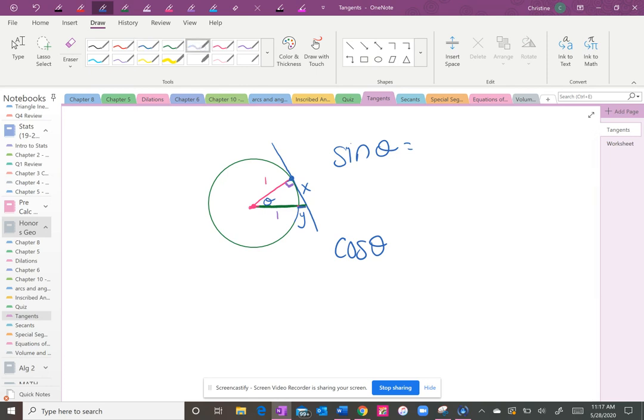So the sine of theta is going to be the opposite, which is x over the hypotenuse. Now the hypotenuse is 1 plus y. And the cosine is going to be equal to the adjacent, which is 1, over the hypotenuse, which is 1 plus y.